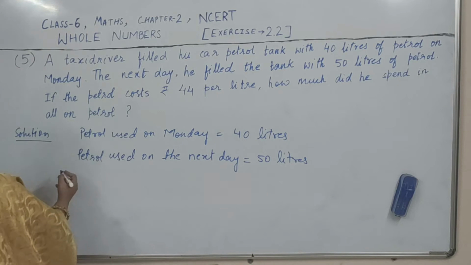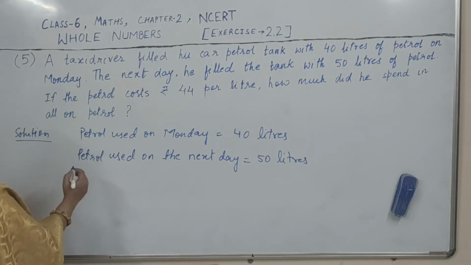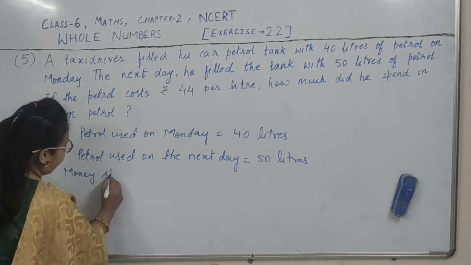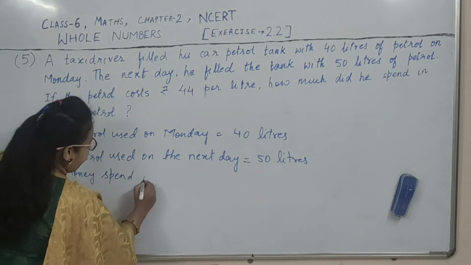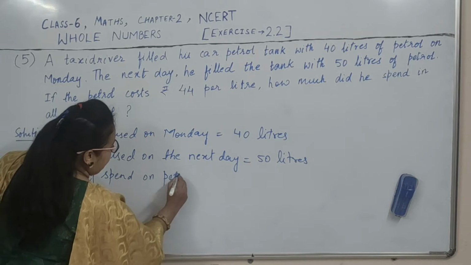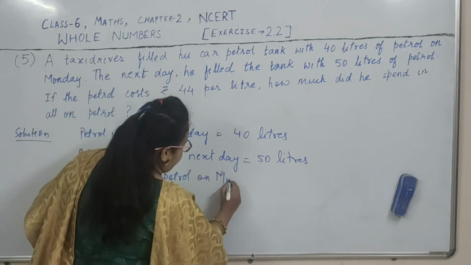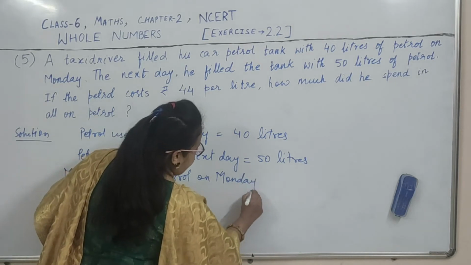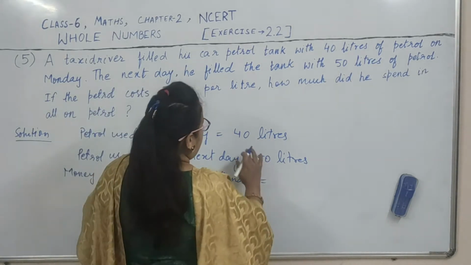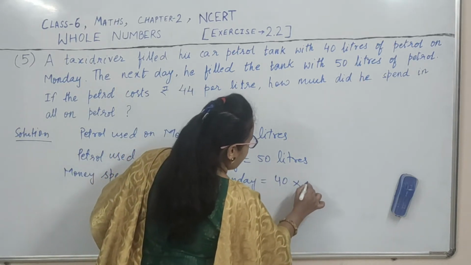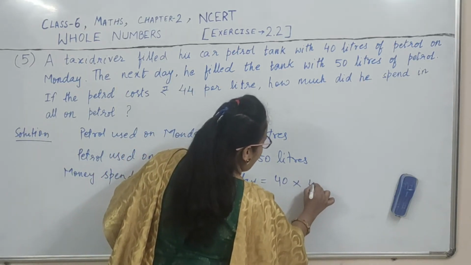Okay. So how much money did he spend on Monday on petrol? So let us find that. Money spent on petrol on Monday is equal to how much? The total amount of petrol is 40 and the cost of 1 liter of petrol is 44.